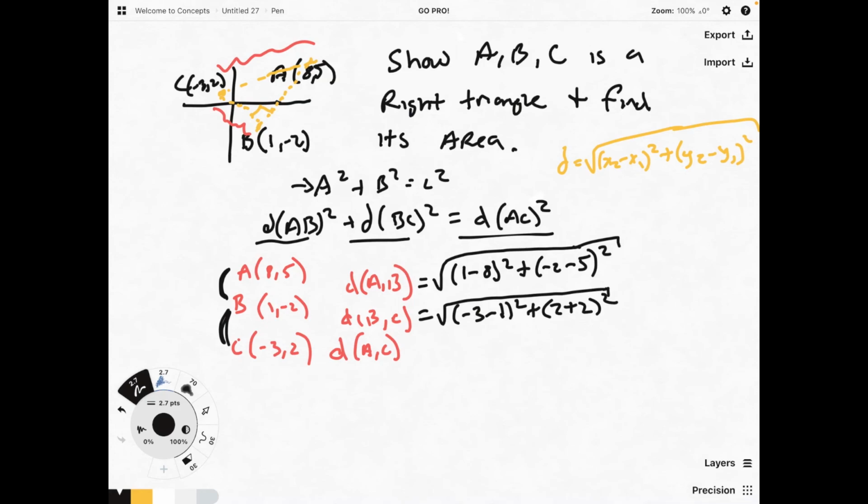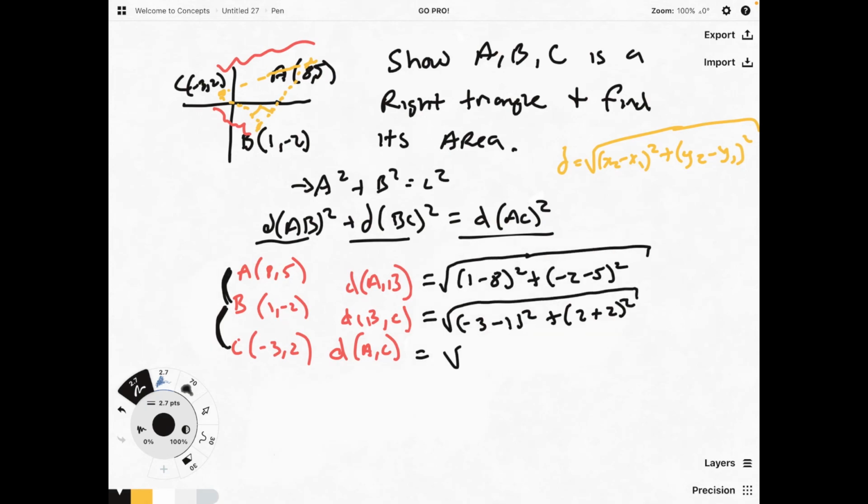And then lastly, to get AC, which is this one here, we need to do the distance between A and C. So that's here. We're going to use C as the value of x2, y2. So we take -3 minus 8 squared plus 2 minus 5 squared.